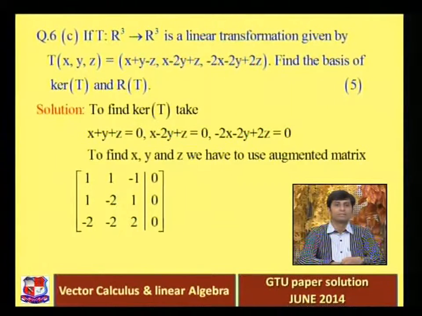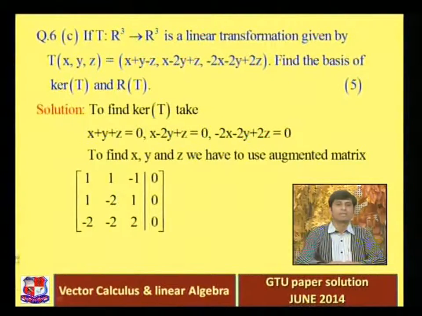So to find the kernel of T, we take x plus y minus z equal to 0, x minus 2y plus z equal to 0, and minus 2x minus 2y plus 2z equal to 0. To find x, y and z, we have to use an augmented matrix.